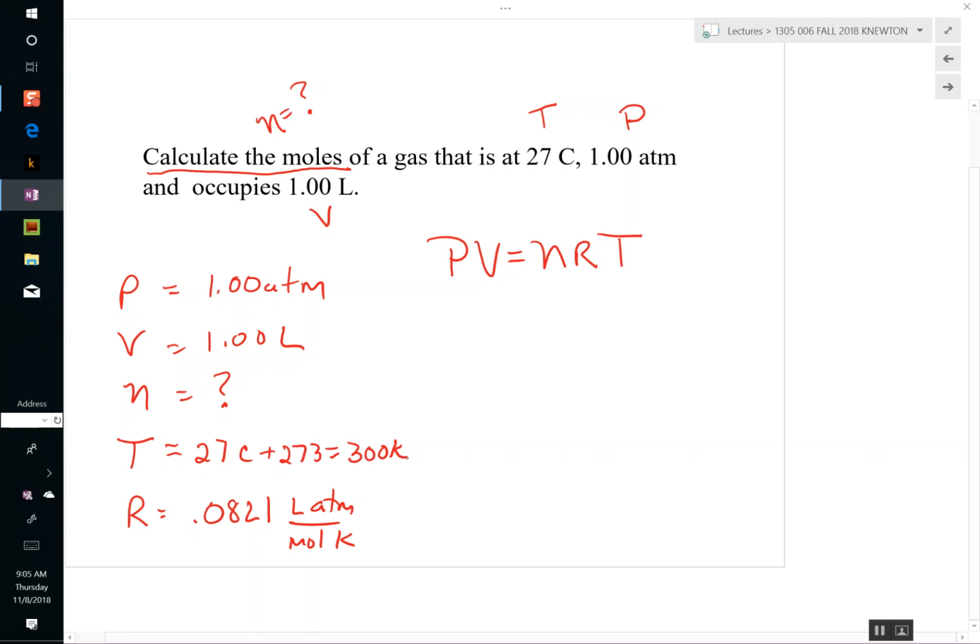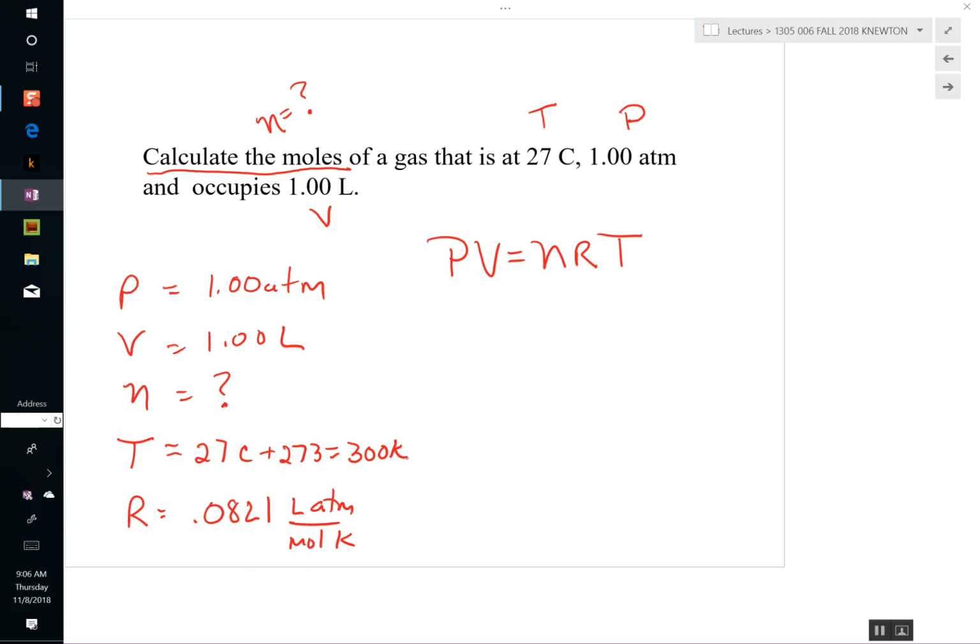Okay, now go ahead and get n all by itself. Take PV equals nRT, rearrange that to get n equals what? I mean, don't give me the number, give me the equation. Rearrange that equation.